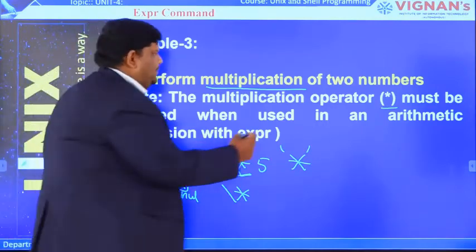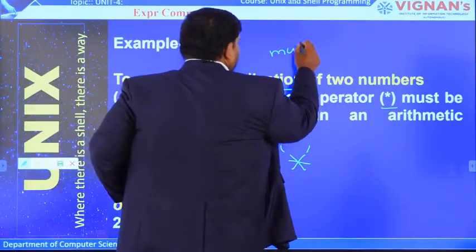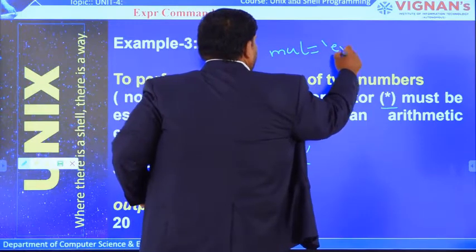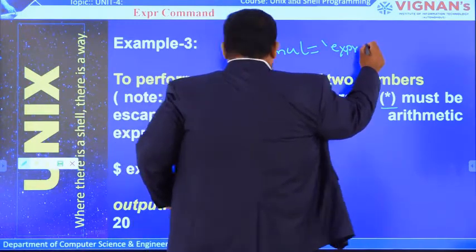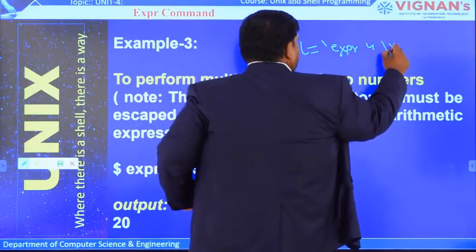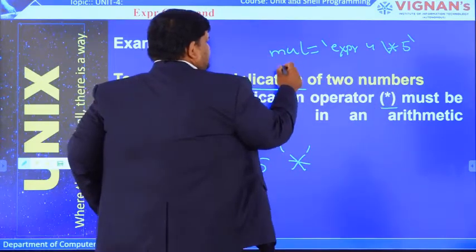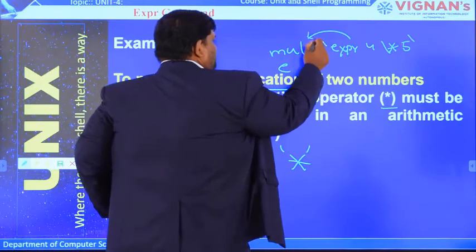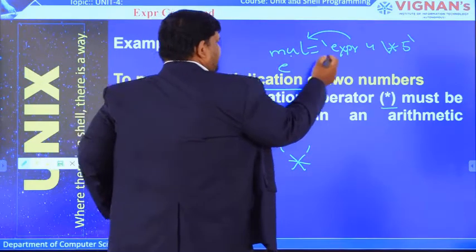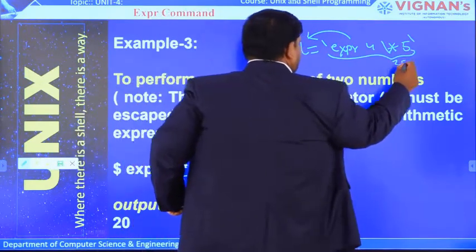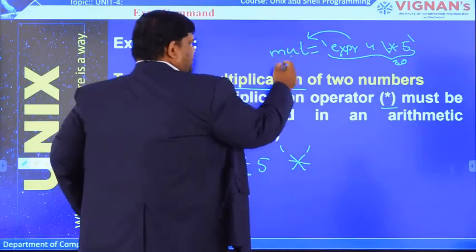For example, mul is equal to, this is the variable name, expr 4 into 5, and we have to enclose it within back quotes. Our output will be stored in this variable mul. We know that the answer is 20, so this value is stored in the variable mul.